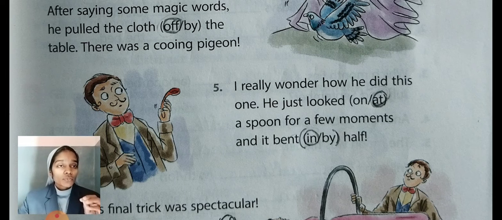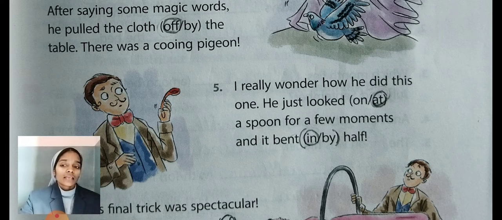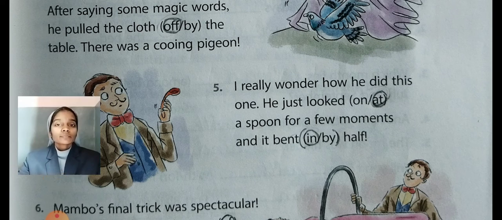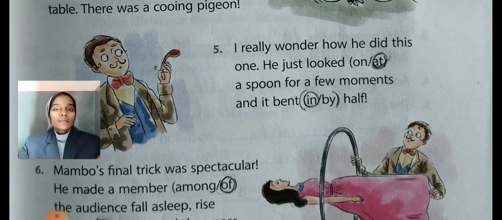The correct preposition is at. And it bent in half. Bent means not straight. So what happened there? It bent in half. Please look at the picture.